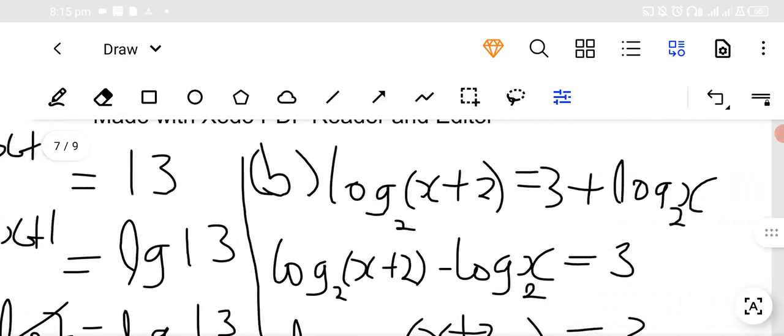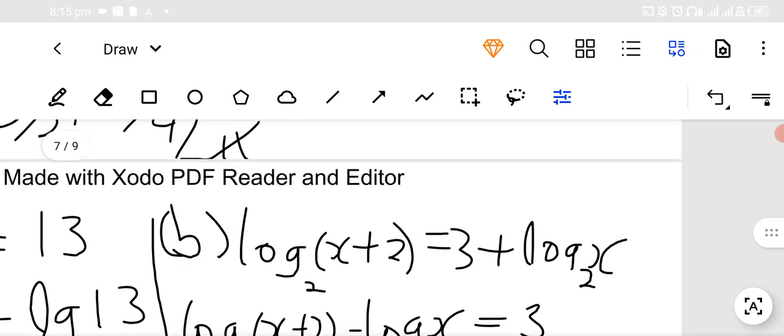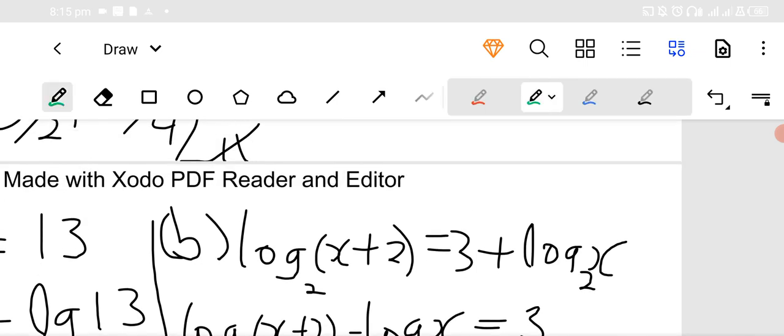Then on the left hand side, you use the same change of base. This one can be written as what? Log of x, you divide by log of 2.